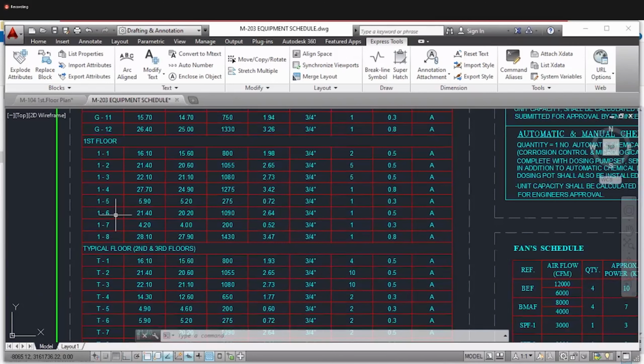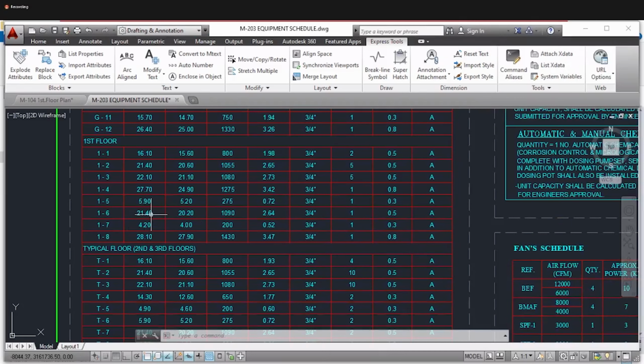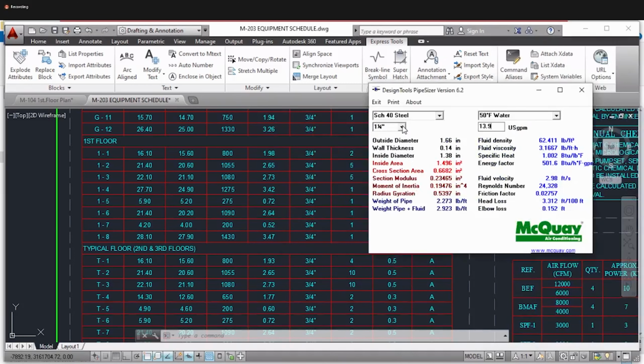This is 21.40. Keep 13.9 in mind, and 21.40 divided by 12 is the tonnage, into 1.5, so 2.67 GPM plus 13.9 gives 16.575. Let's go with the pipe sizer, 16.575.